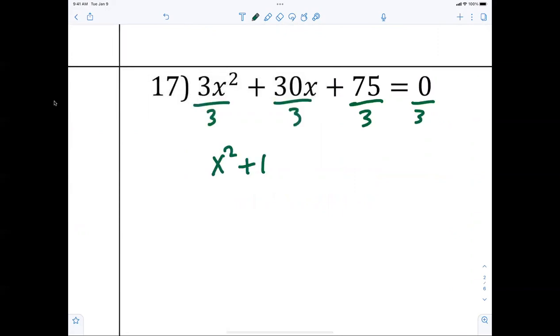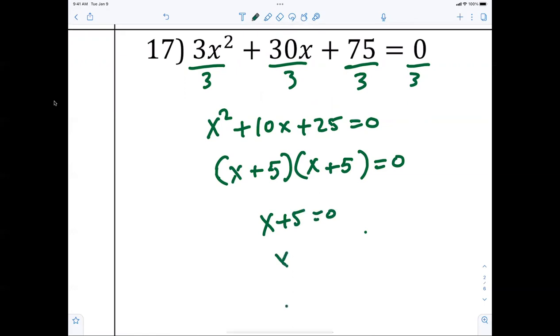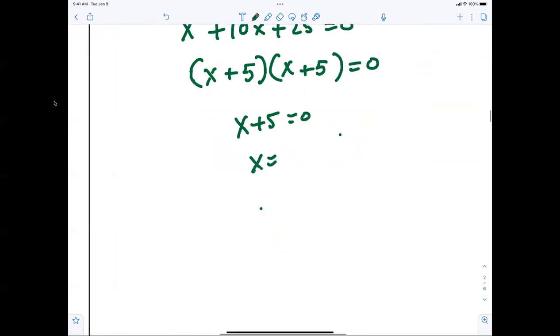So x squared plus 10x plus 25 equals 0. Now that factors to what? X, 5. That's 5. And what's true? Positive. Both positive. So now we're just going to say x plus 5 equals 0. So x equals what? Negative 5.